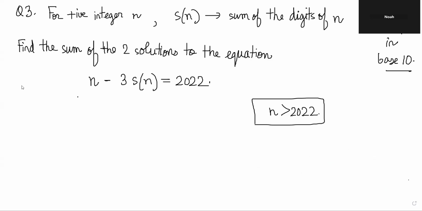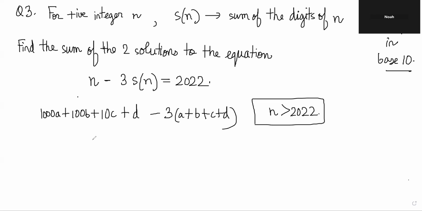Why are you getting 97 and 997? Oh, sorry. If you let n equal 1000A plus 100B plus 10C plus D as the four digits, then you have to subtract 3A plus B plus C plus D to equal 2022.